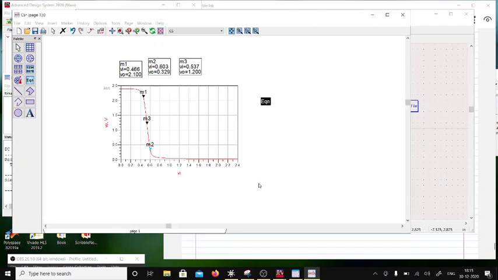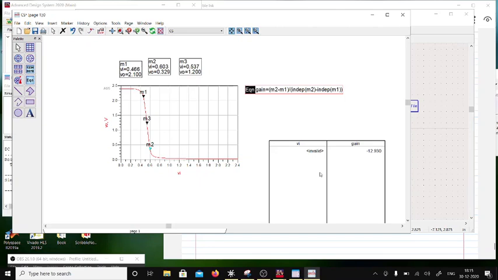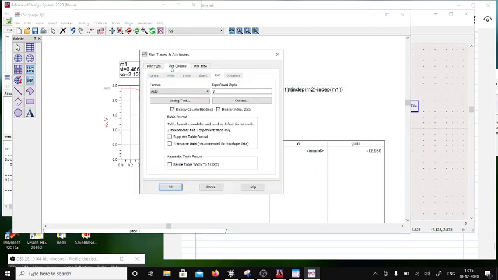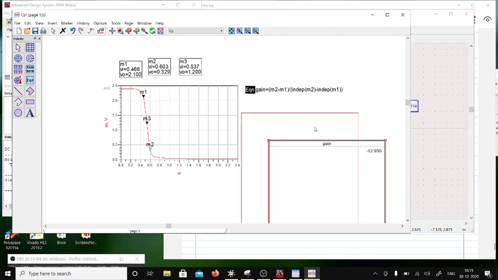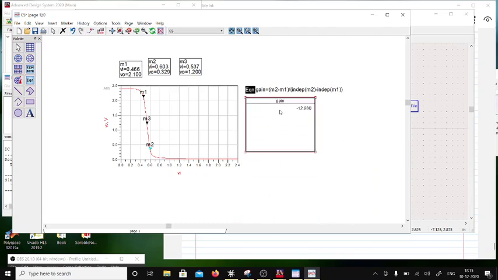Okay, so this is the gain. The gain would be a negative number. Let's see that number. If you go to equations, you will see gain. Gain is minus 12, or minus 13. This minus 13 is the gain as a pure number.